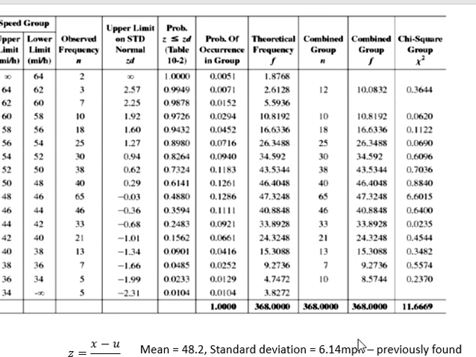Next, I will take the first column and convert every value to z. I showed you this equation in the last lecture as well. X is the value from the first column. Mu is the mean of this data. This is the data from the previous example, so we already have calculated the mean. Its mean was 48.2.